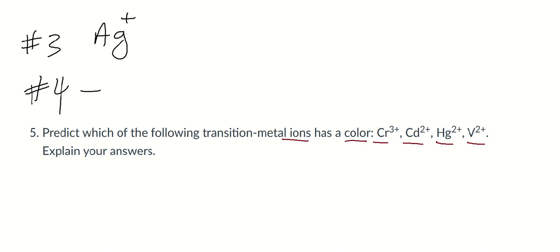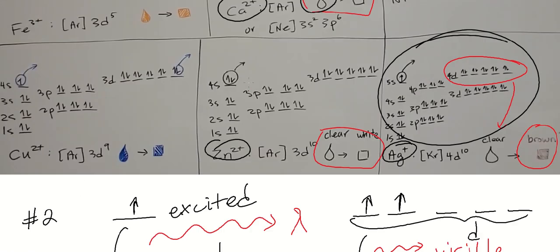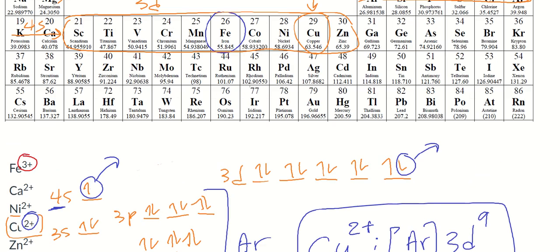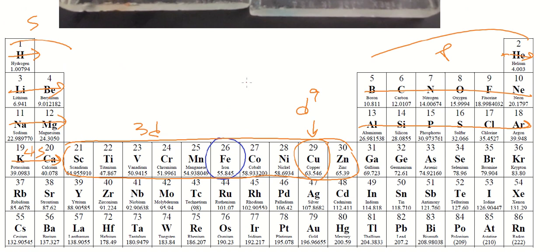You can go into your electron configuration condensed mode. So chromium 3 plus on your periodic table, it's right here. This happens to be an exception too, but look here.